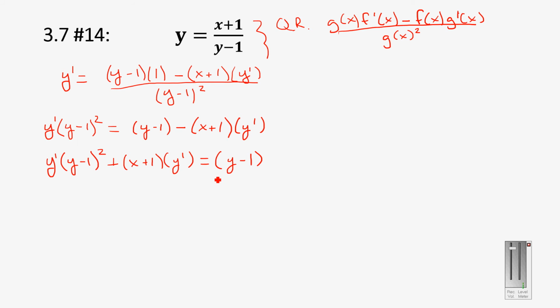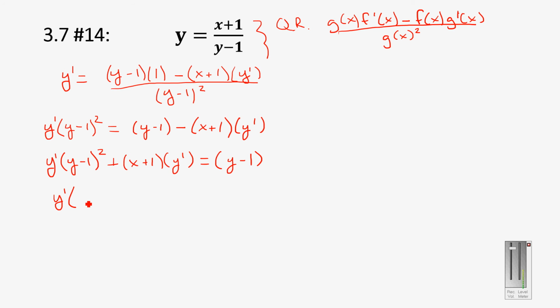A little bit. Again, I'm trying to get all the y primes on one side. Well, the nice thing is right now I have all the y primes on one side. So I feel like that's kind of nice. Y prime times this mess plus y prime times this mess. So really I could factor out a y prime.